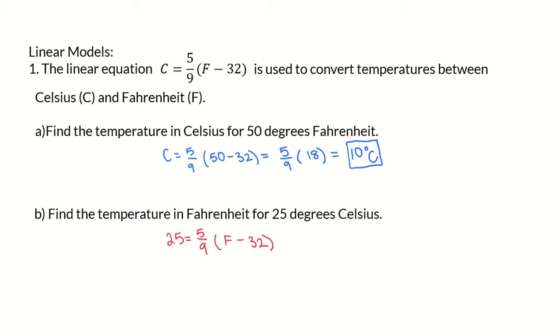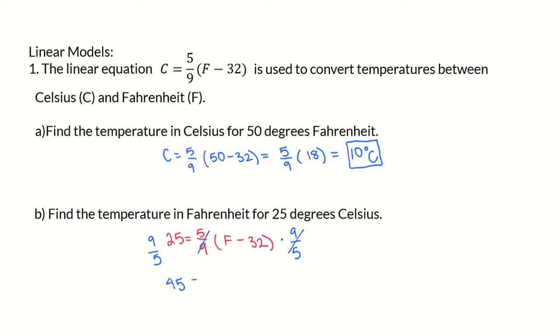So to do that, we first need to move 5/9 over to the other side. Normally we would think about dividing by 5/9, but since this is a fraction, it makes more sense to think about multiplying by the reciprocal. So we're going to multiply both sides by 9/5 to cancel that 5/9. 9/5 times 25 is equal to 45.